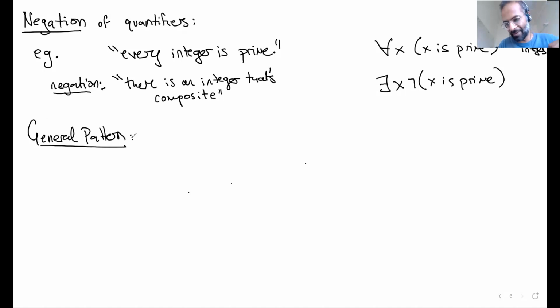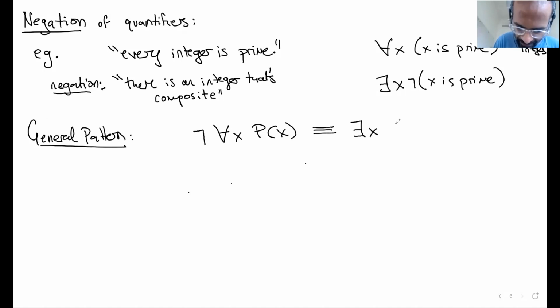And so the general pattern here, which is very important to remember and very useful, is that the negation of a universally quantified statement is an existentially quantified statement.